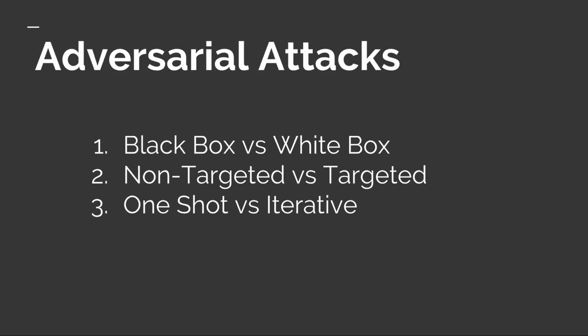So I can show you a picture of a dog, and my only objective would be to not classify it as a dog and classify it as anything else, as long as it misclassifies. In targeted attacks, they're very specific. Say I have a dog and I have an ostrich. I need this dog to be recognized as an ostrich. So I attack in such a way that the dog has to be classified as an ostrich.